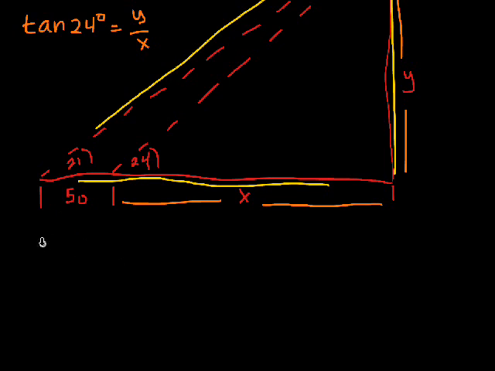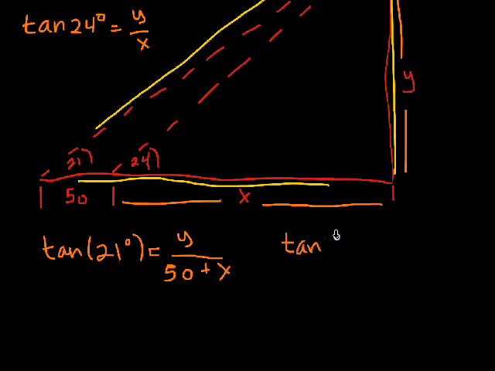So if the tangent of 21 degrees equals y over 50 plus x, and the tangent of 24 degrees equals y over x.